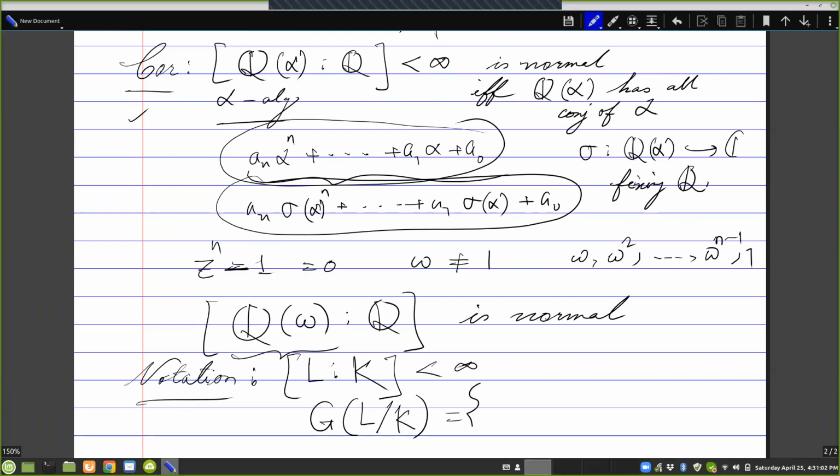This stands for all automorphisms of L fixing K, that is, sigma(k) equals k for every k in K. You can check that it's a group with respect to composition. So given an extension, this Galois group is the group of all automorphisms that fix the bottom field of the extension. Okay, I will stop here.